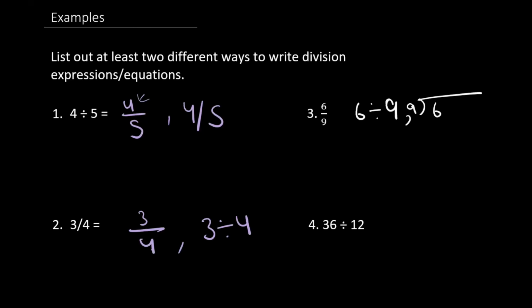We don't do our work with this, so we use this to do our work. 36 divided by 12. We can write 36 over 12. And another way would be 36 slash 12. And I'm just going to write another way. So this is the way, 12 and 36.